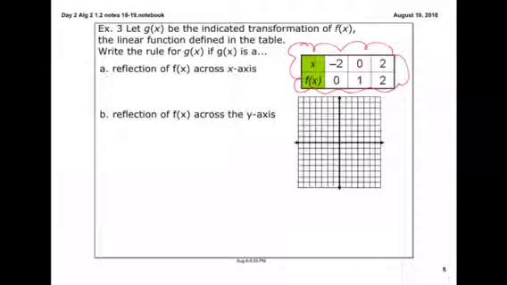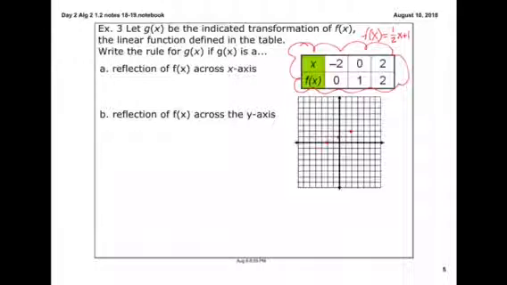If we plot these points, x is -2, y is 0; x is 0, y is 1; x is 2, y is 2. We can nicely see that our function f of x is represented by the y-intercept of +1, and our slope is up 1 over 2.